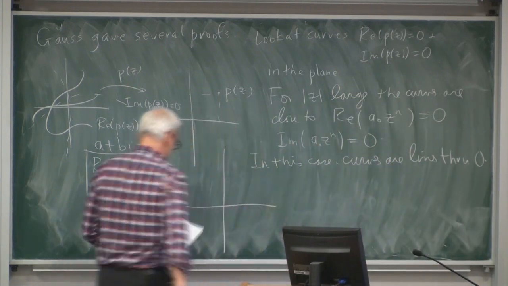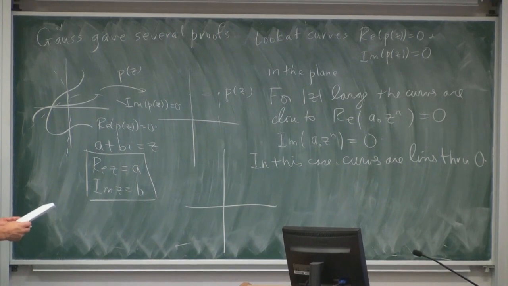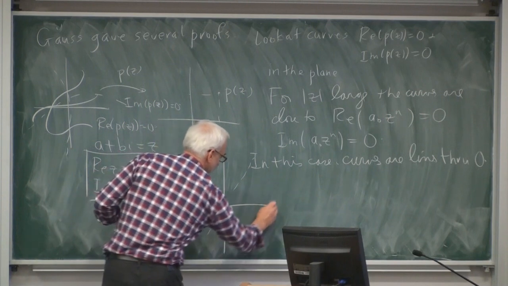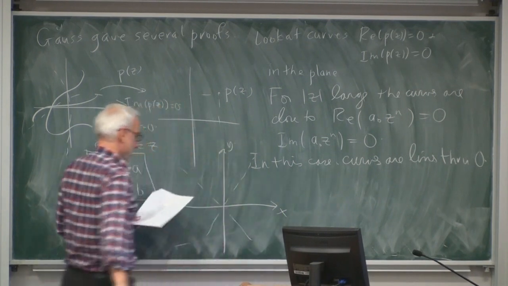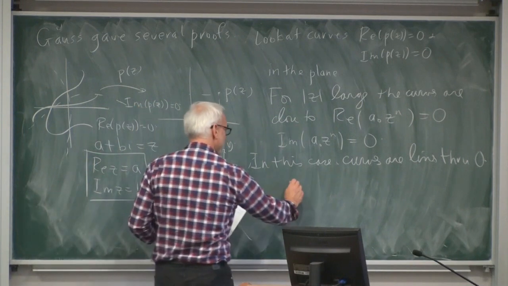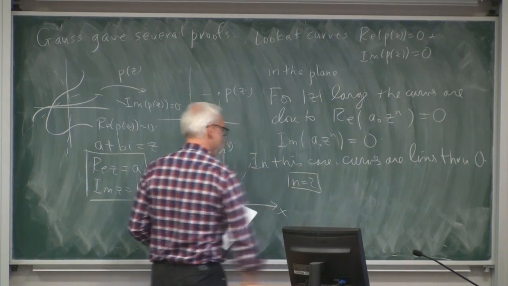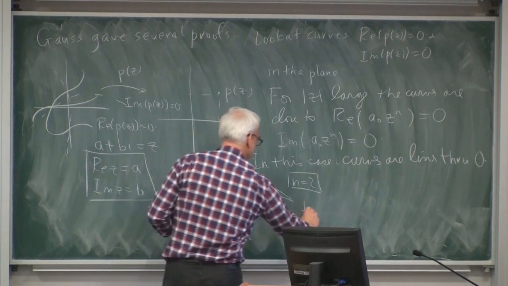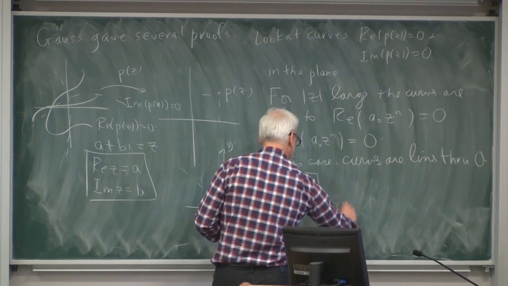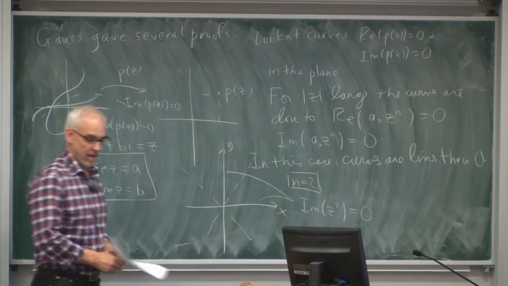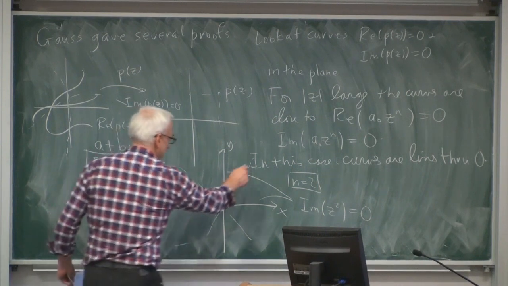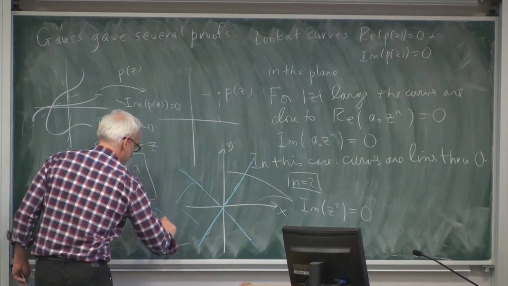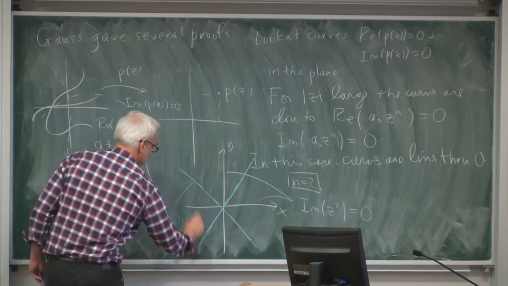Okay, so I'll give you the story. Here's x and here's y. Then for example, a small example when n equals 2: these are the curves where the imaginary part of z squared equals 0. And these other ones, maybe in blue, are the curves where the real part of z squared equals 0.